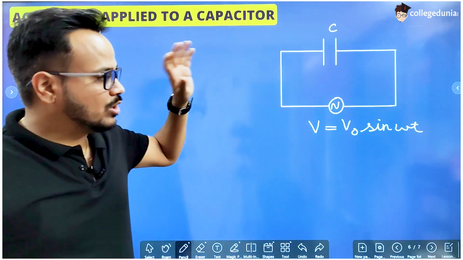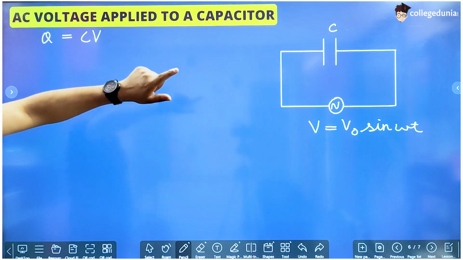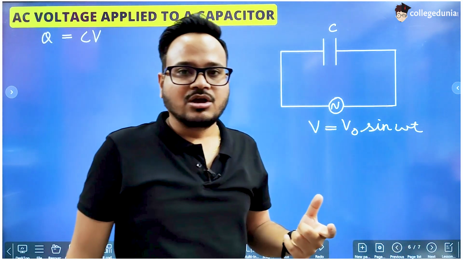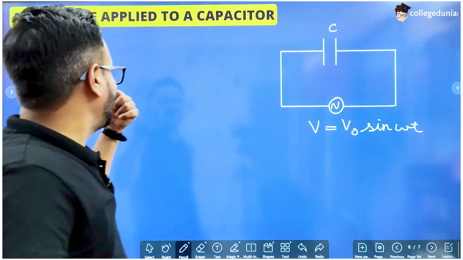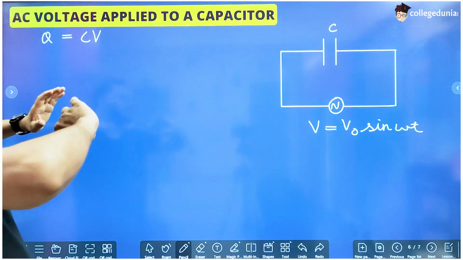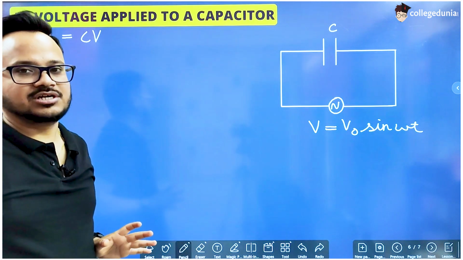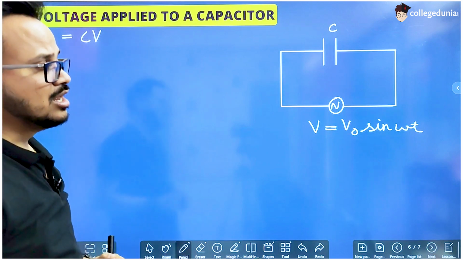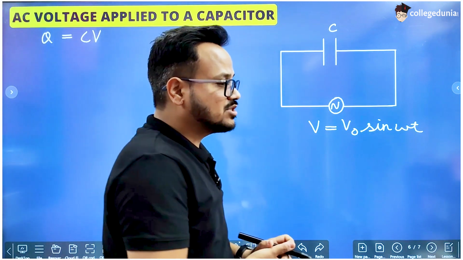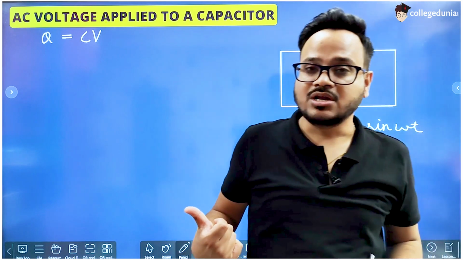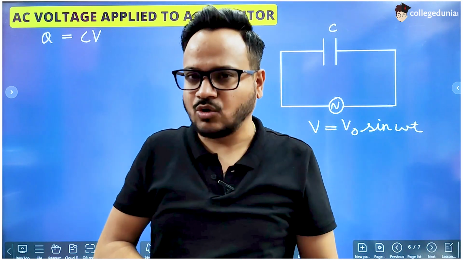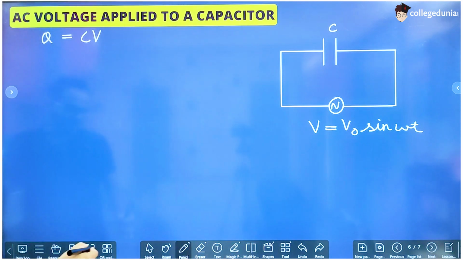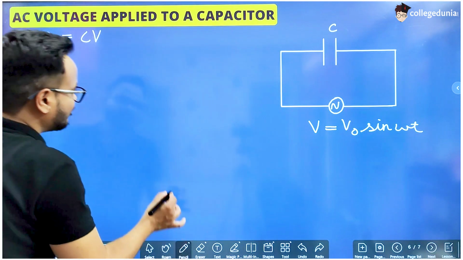So what we are doing is that we have applied a voltage across the component, and using an equation we will find the value of current, and then we will see what the phase difference between the current and voltage is. For this we are doing a very important derivation which comes in board exams and school exams, and during this derivation we are going to get some important new physical quantities and important formulae on which you have to practice some numericals.